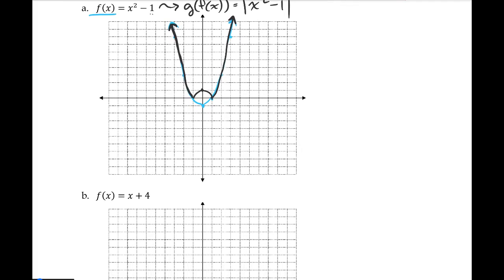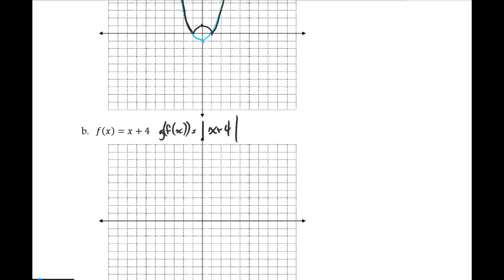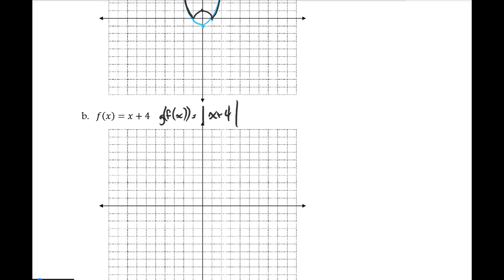Similarly, if we look at the absolute value of this function here, we've got the absolute value of x plus 4. And so if we imagined our original graph being a line, because it's linear, bear with my shaky hand as I try and draw a straight line.